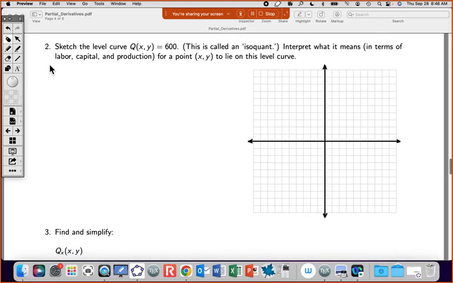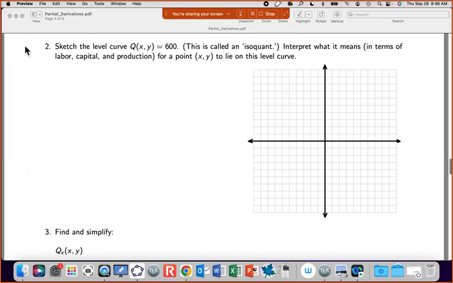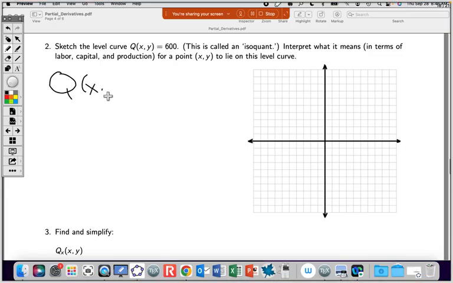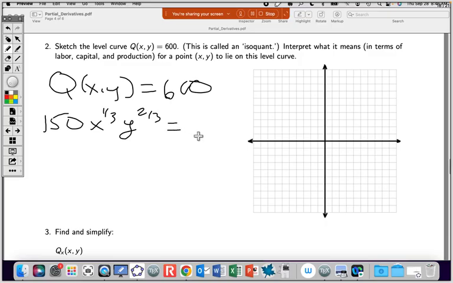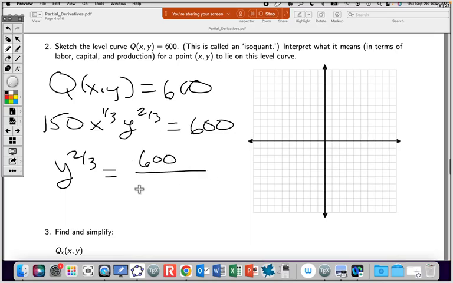Sketch the level curve Q of xy equals 600. So Q of xy equals 600. So we're going to graph 150, x to the 1/3, y to the 2/3 equals 600. We could graph this on Desmos, but we can actually solve this for y. It's not so bad. Y to the 2/3 would be 600 over 150, x to the 1/3. And what's 600 over 150 work out to be?